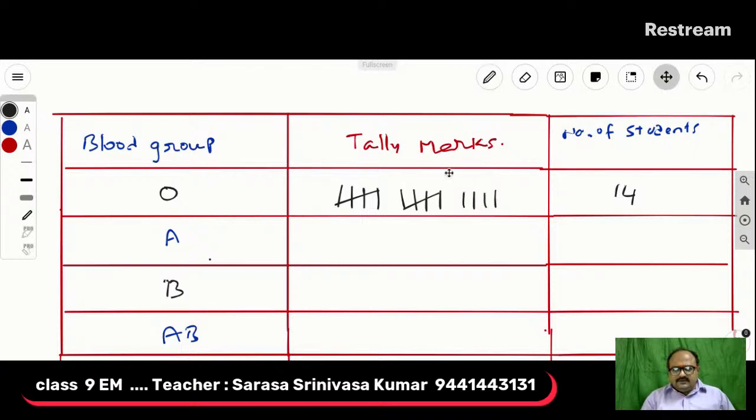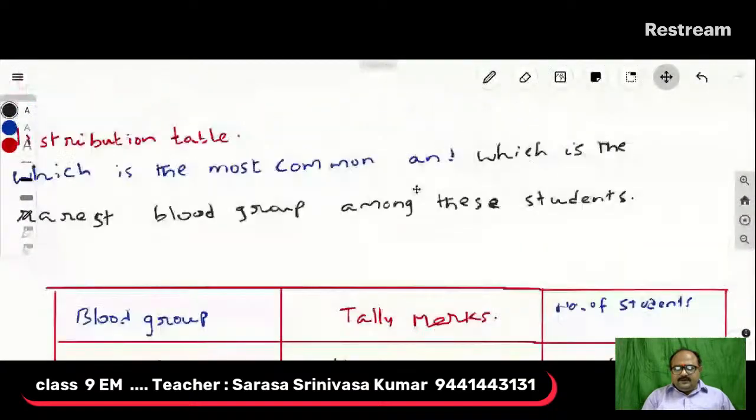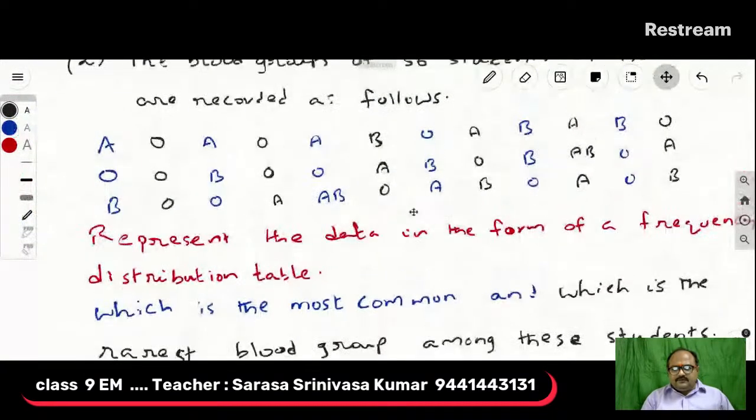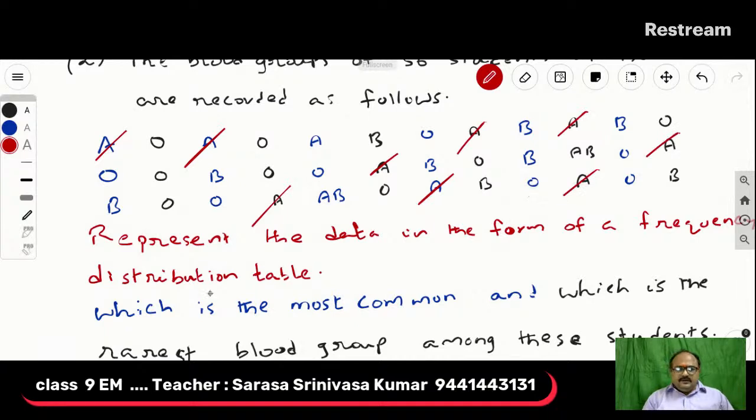Next, we find the frequency for A blood group. Number of students having A blood group. So this is 1, 2, 3, 4, 5, 6, 7, 8, 9. Let us cross check this again. 1, 2, 3, here it is missing, 4, 5, 6, 7, 8, 9, 10.